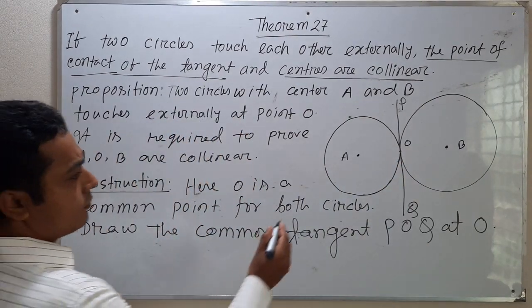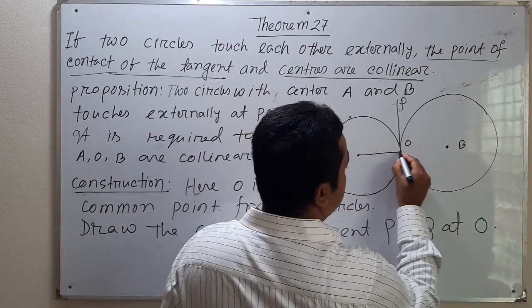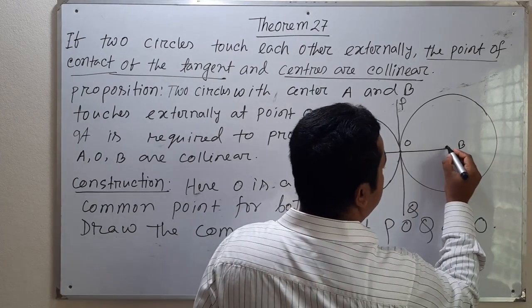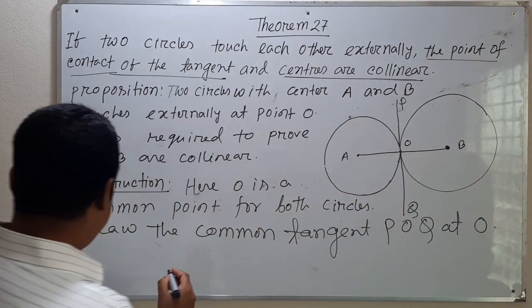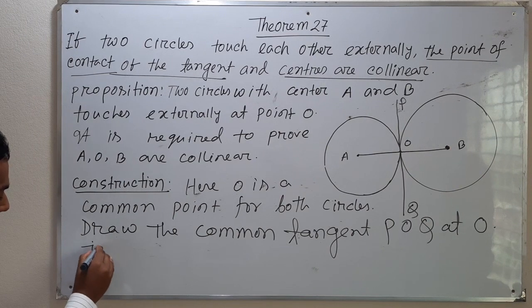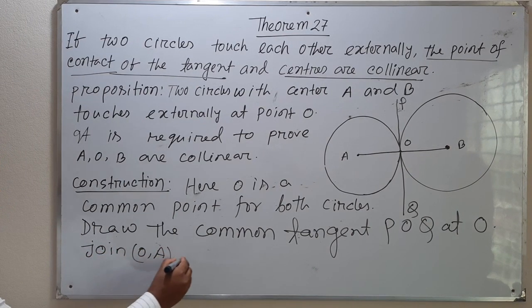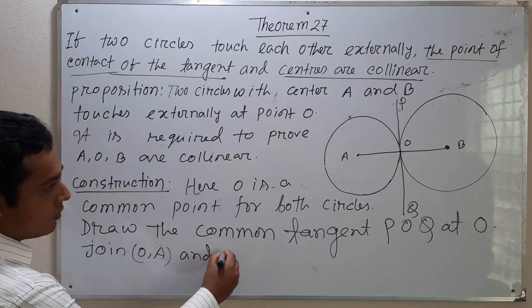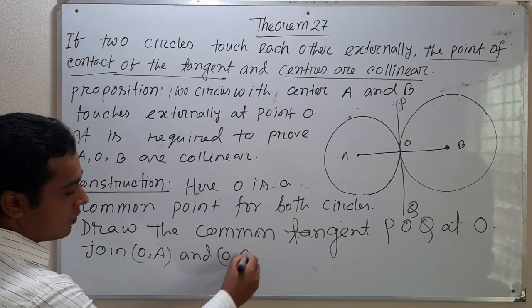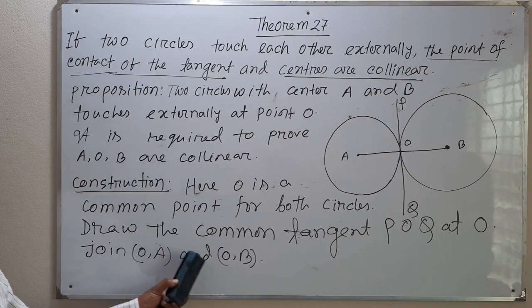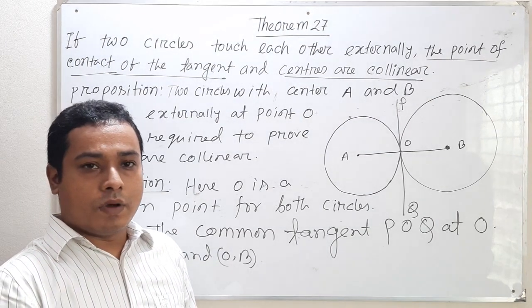So join A, O and O, B. This is our construction for the proof.